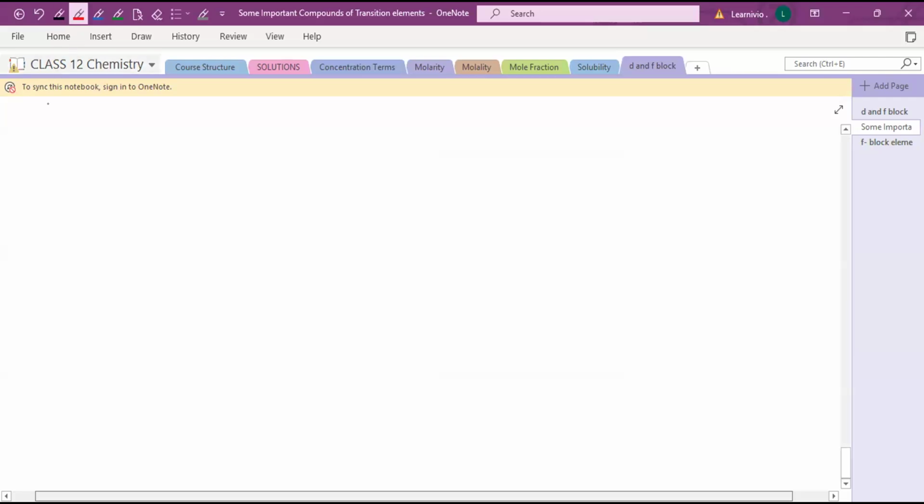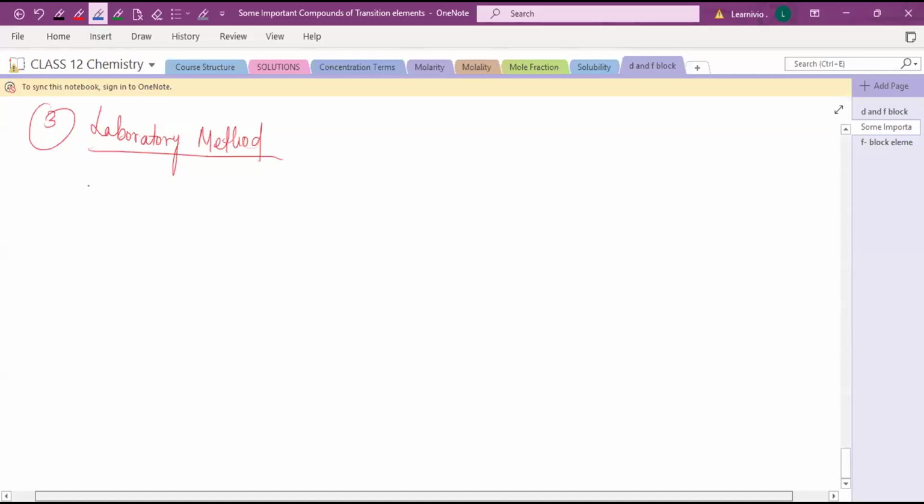Third method of preparation is the laboratory method. So in your labs, how can you prepare the permanganate ion?